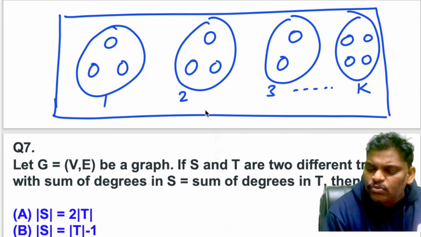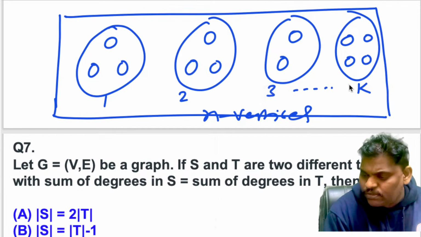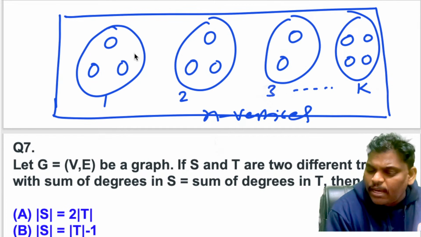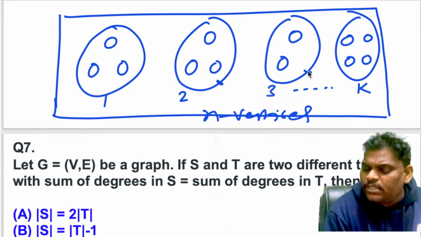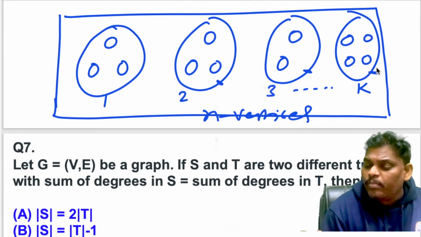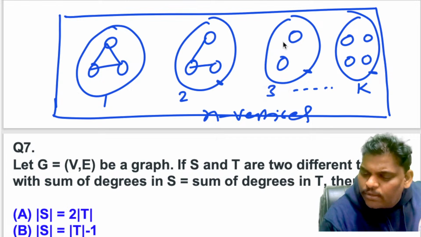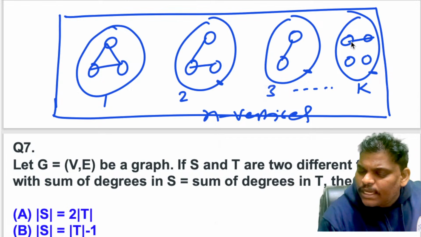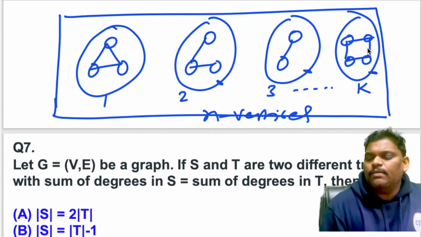Total n vertices and k components, and it nowhere says forest. Remember, a component is a connected graph. It may have a cycle, or it may not.